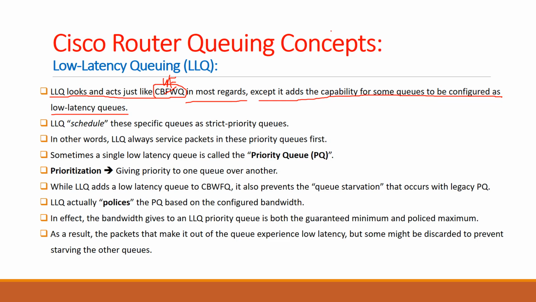What does this mean? It means if you have a router here with 2 queues, and you need to give some queuing features to one queue over another to give it low latency. And latency means delay.